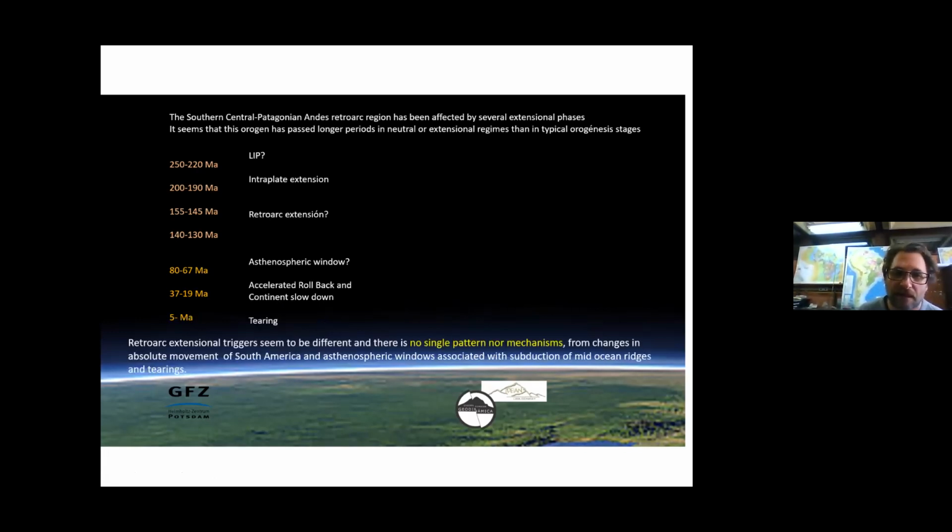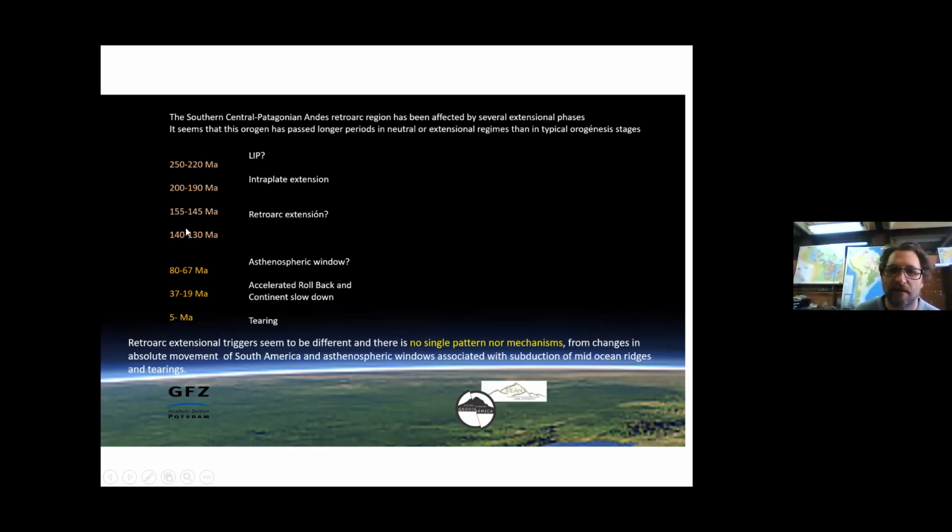And finally, the mechanisms which are associated with each extensional phase are very different. The oldest could be related to a LIP, a large igneous province. The early Jurassic volcanism could be, because of its orientation, intraplate extension, and chemistry.